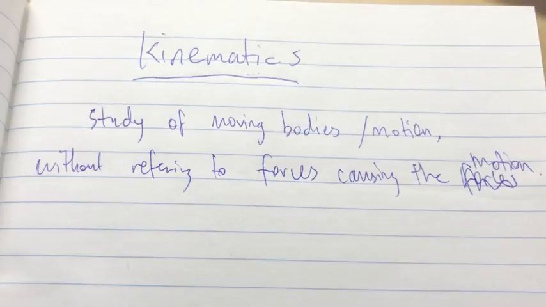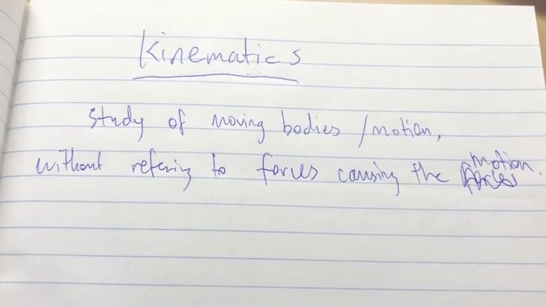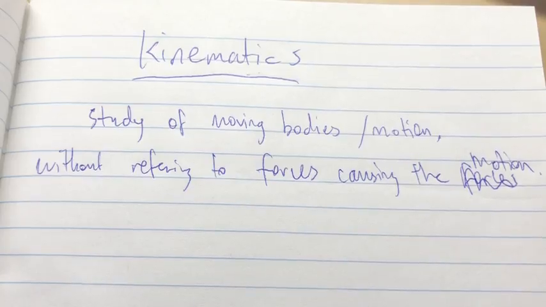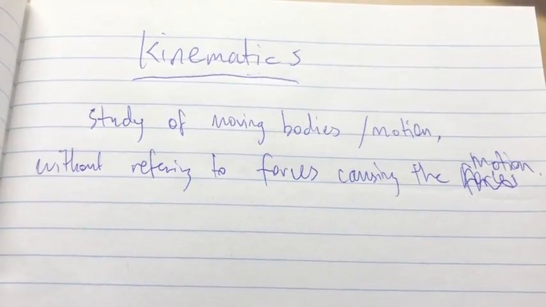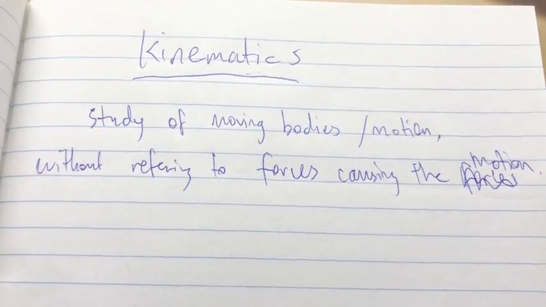But maybe without referring to forces causing the motion is just further emphasizing that we're studying just moving points. So we don't care about how heavy the objects are, how big they are, or if they're moving because they were hit or for some other reason. Okay?